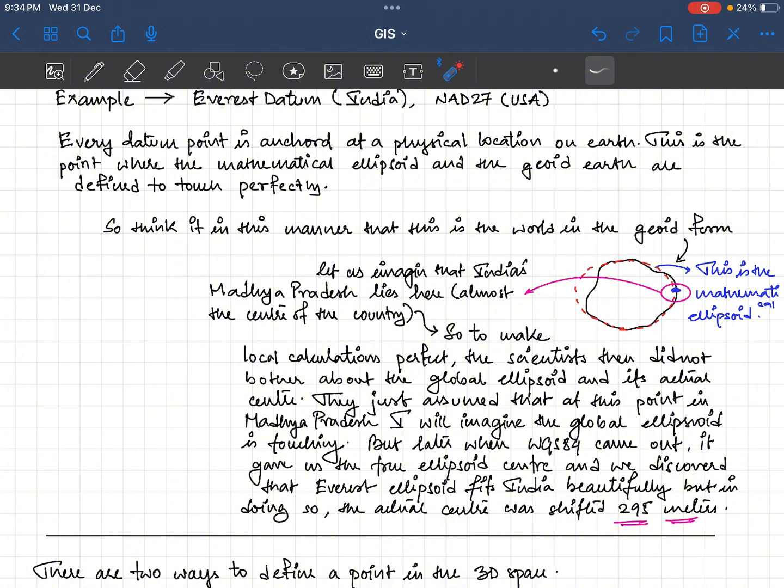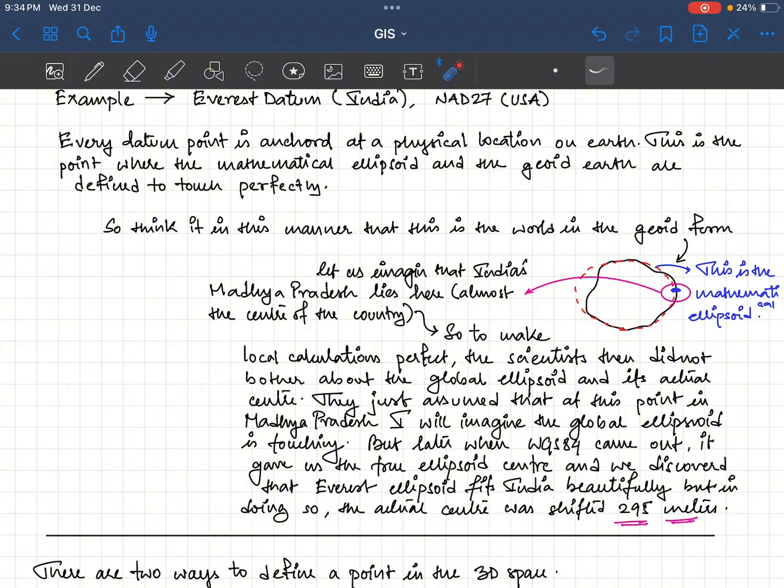We actually understood where the Earth's center of mass is. Understand this very carefully. So we actually understood where the Earth's center of mass is, and that center of mass was considered the actual center of the ellipsoid.